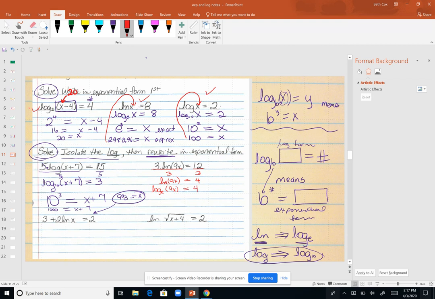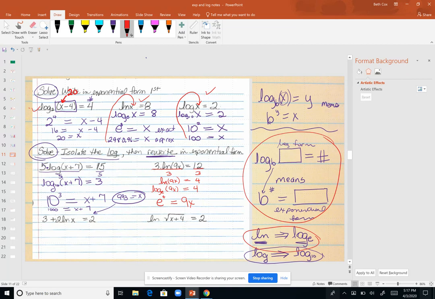Now I'm going to do my rewrite. I got the log isolated, change those. Now I'm going to do e to the 4 is equal to 9x. Definitely going to use my calculator here. I'm going to do e to the 4th, which is 54.